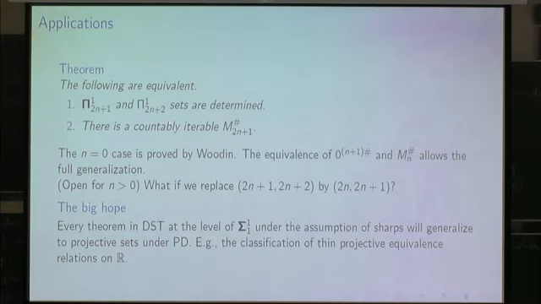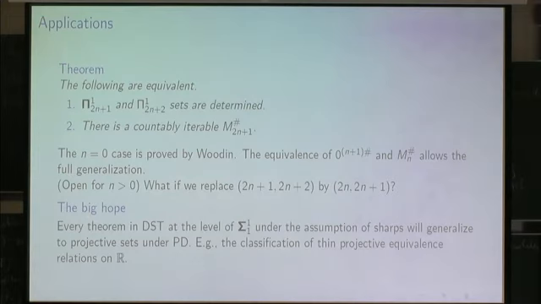So the proof generalizes the n equals 0 case, and the proof heavily relies on the equivalence of the descriptive set theoretic formulation and the inner model theoretic formulation of mice with Woodin cardinals. And it is open whether this holds for the even levels of Mn sharps.